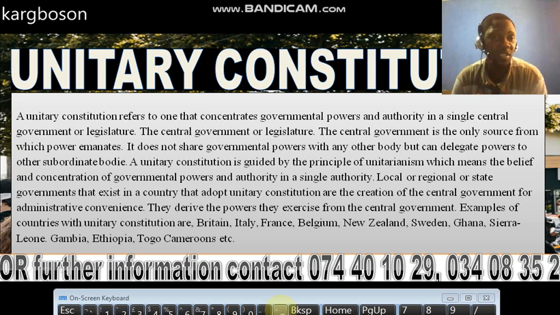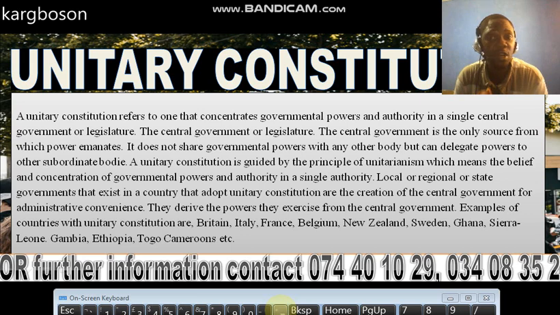So a unitary constitution is the opposite of a federal one, because in a federal constitution, governmental powers are shared between the central government and regional and subordinate bodies. But in the unitary constitution, the powers are concentrated in one single authority, government, or legislature.